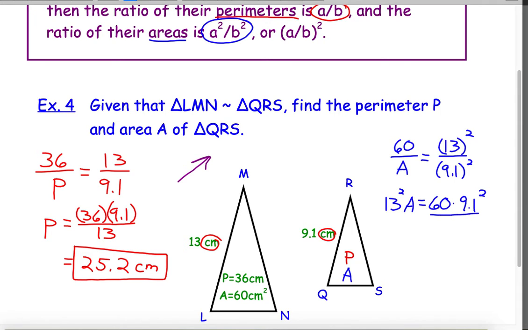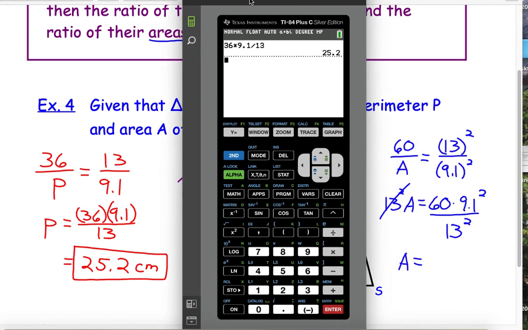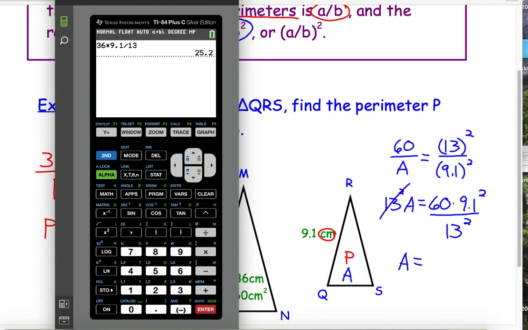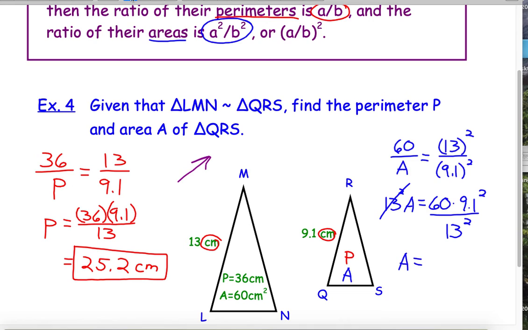And then I'll divide both sides by 13 squared, and I'll have A. So now we grab the calculator, type it in as is, 60 times 9.1 squared divided by 13 squared. Notice I waited till the end to do any calculations. I'm not calculating things as I work through it. And we get 29.4. So the area is 29.4.